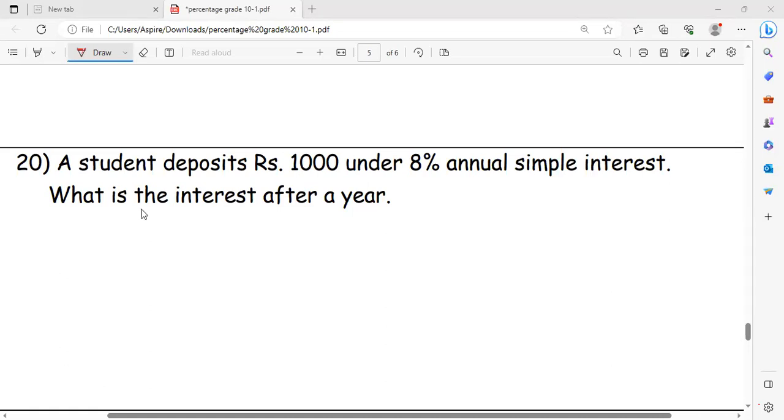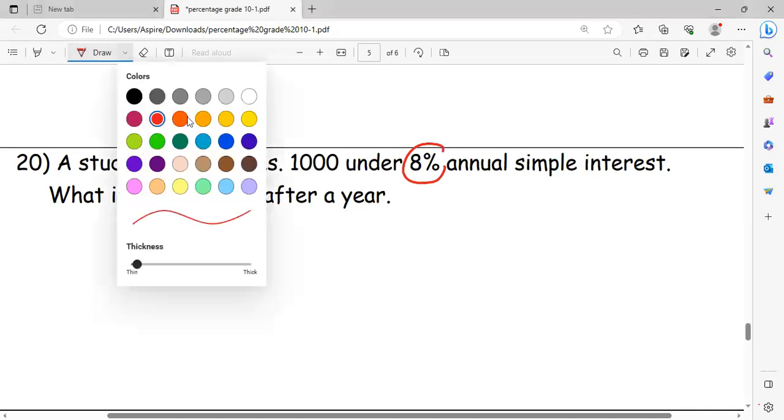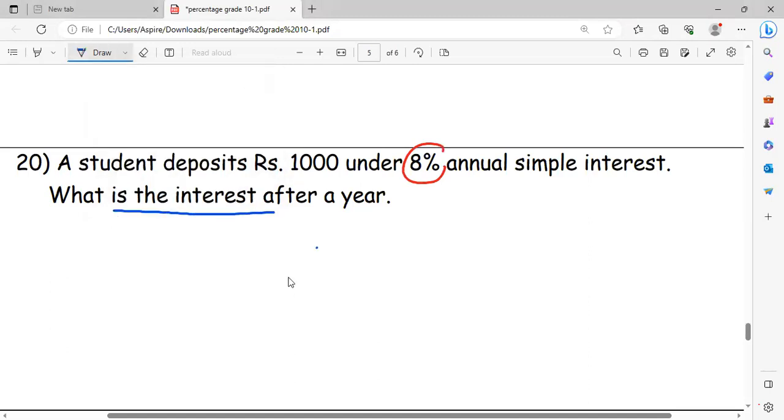Yes, how we calculate this one? Deposited amount is 1,000 rupees under the 8% annual interest, simple interest. Then how we calculate? You have to find the interest after a year. Then interest is calculated as percentage, 8 out of 100, multiplied by the deposited amount.